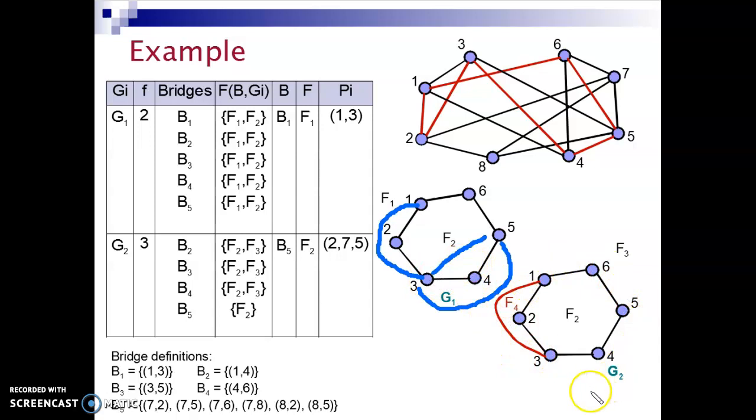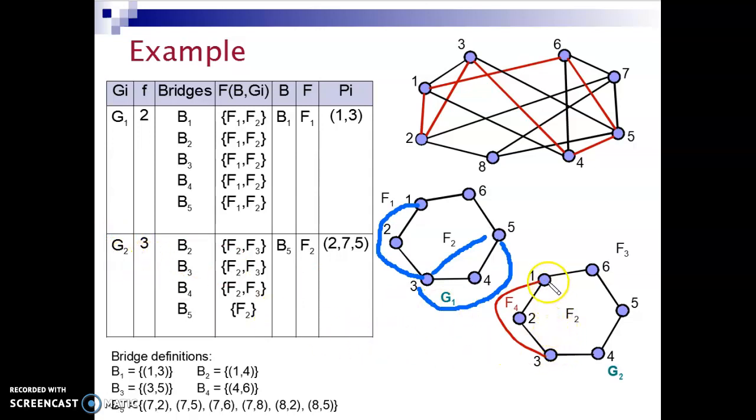So now we are working on G2. And then we will repeat the iteration of the algorithm once again, this time taking into account G2 instead of G1. So our starting subgraph will be G2.